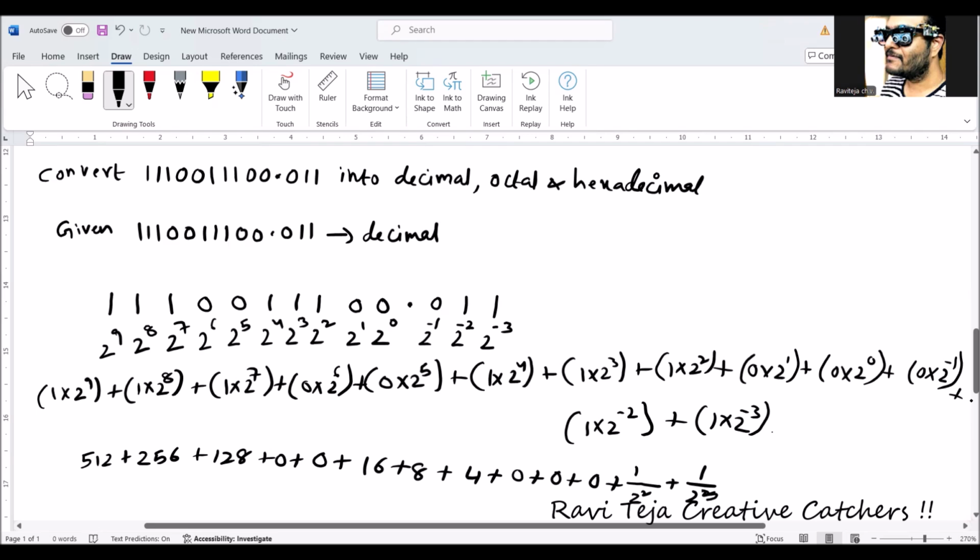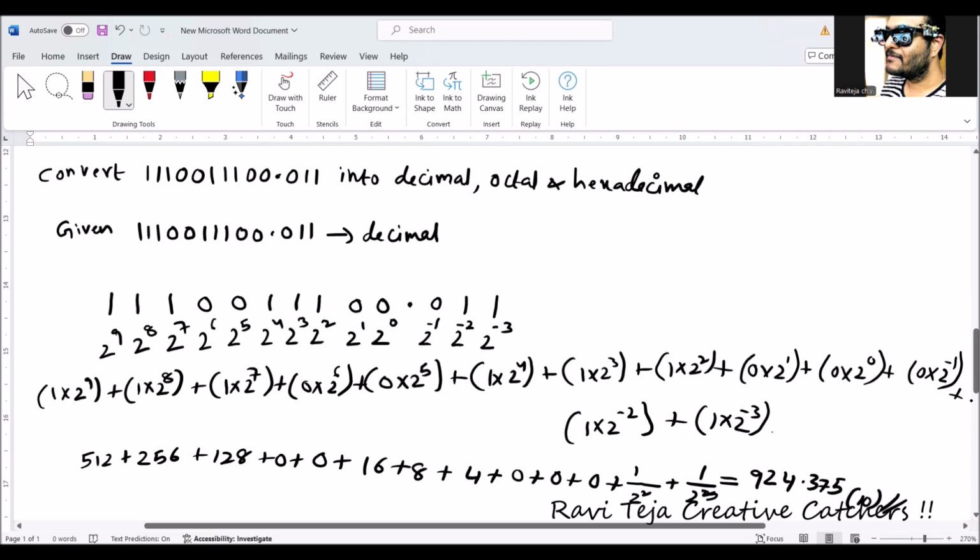So if you calculate everything, the answer we get is 924.375 in decimal. This is how this type of binary is converted into decimal.